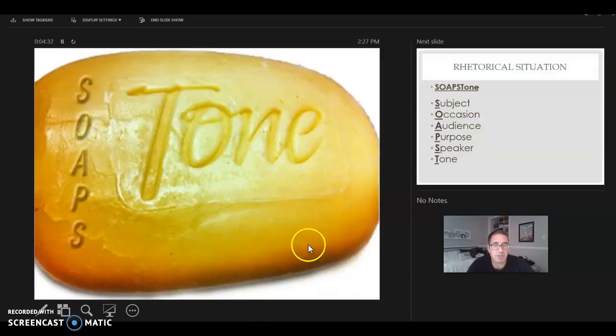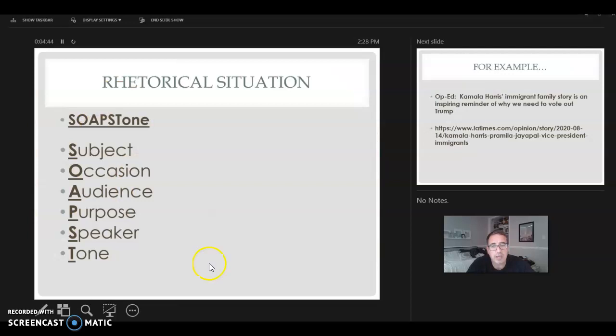This one's called SOAPSTone. You might have come across this before. I didn't make this up. This is a very commonly taught and used tool in rhetorical analysis, and it's an acronym. It stands for subject, occasion, audience, purpose, speaker, and tone. Sometimes you see different variations with the T, so it just ends with speaker.